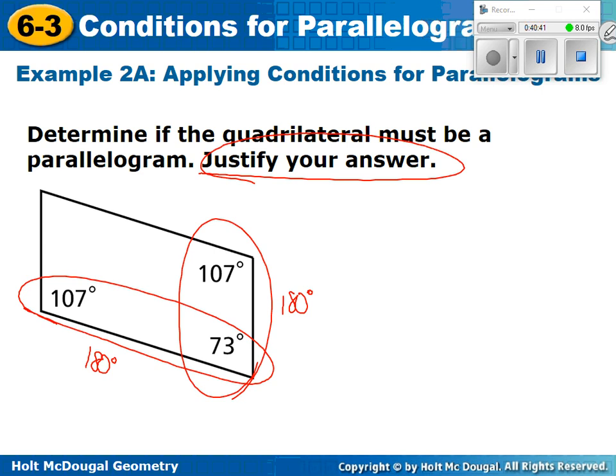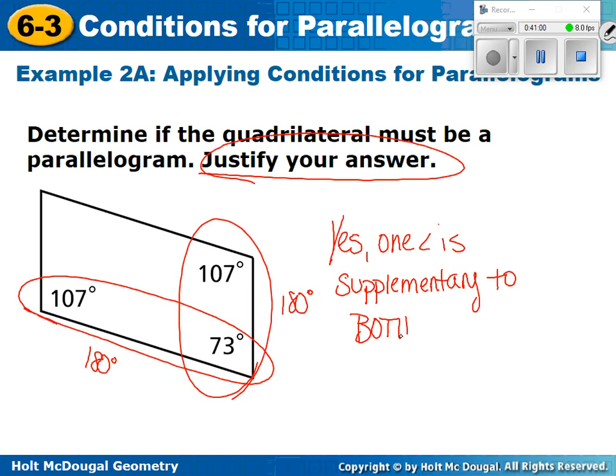Again, you can't say opposite angles are congruent because you don't know this fourth angle. Okay? So we would say, yes, one angle is supplementary to both its consecutive angles.